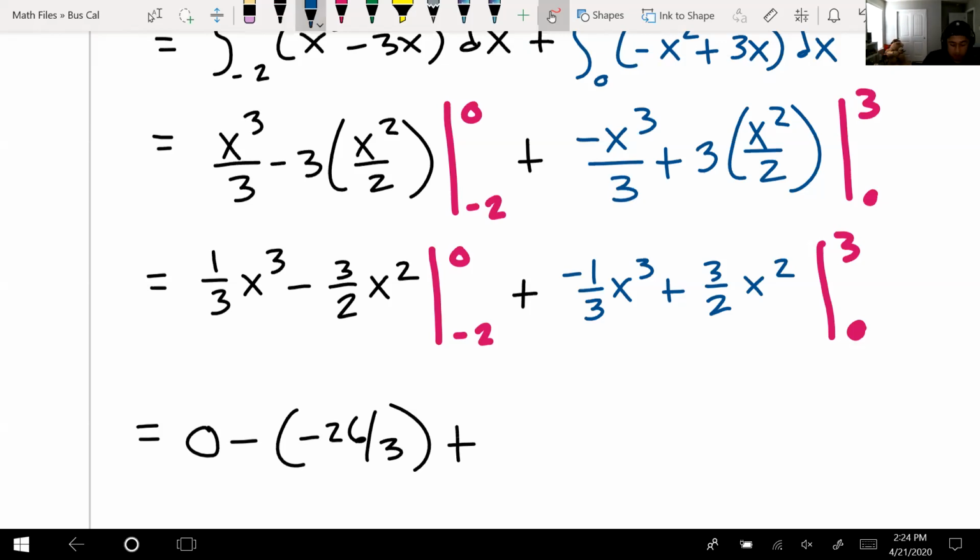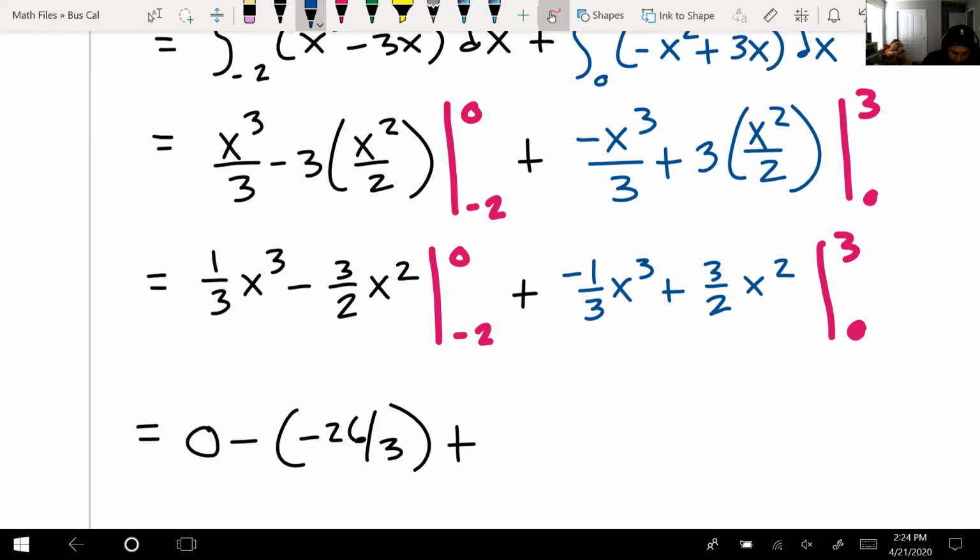Plus, now that is -1/3 x cubed plus 3/2 x squared.